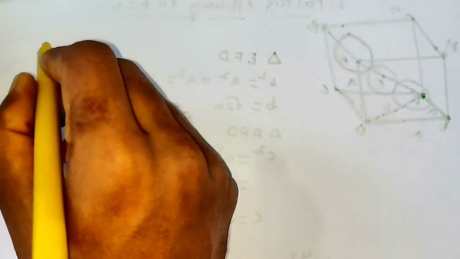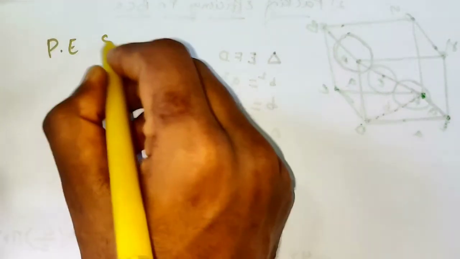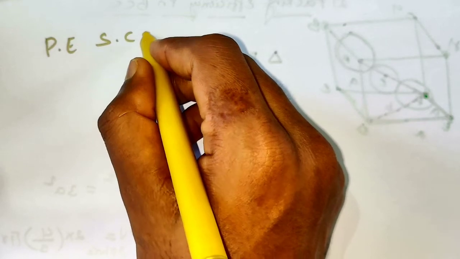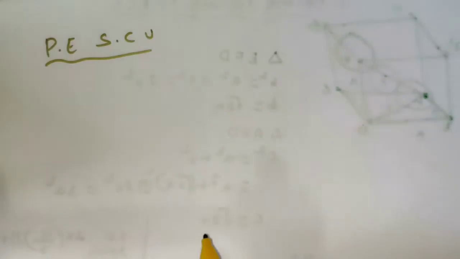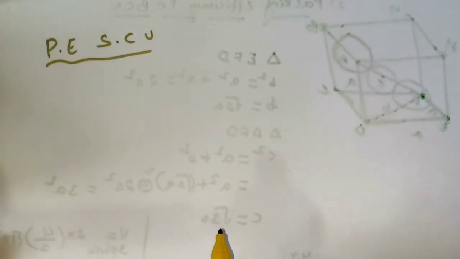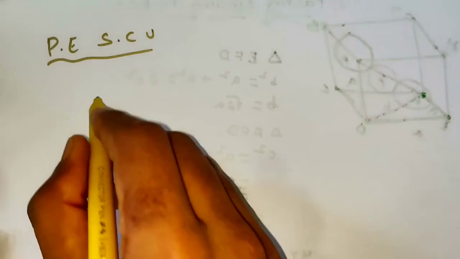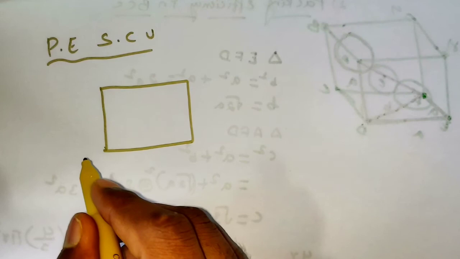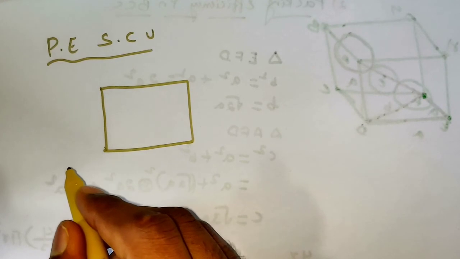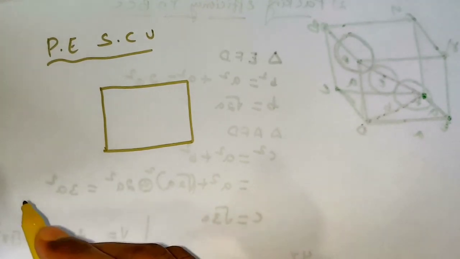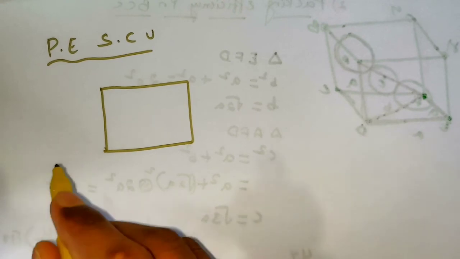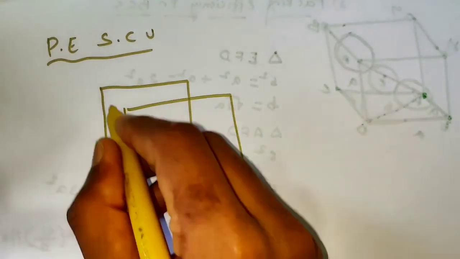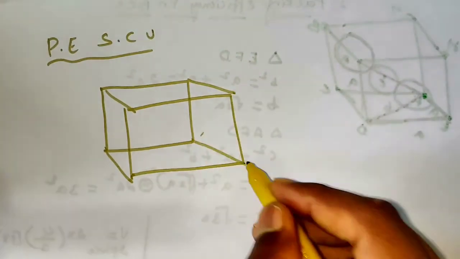Last one is packing efficiency in the simple cubic unit cell. So when we are talking about the simple cubic unit cell, the atoms are present at the corners only. Whatever atoms are present in the corners, they touch each other along the edge. These particles present on the edges are only touching.